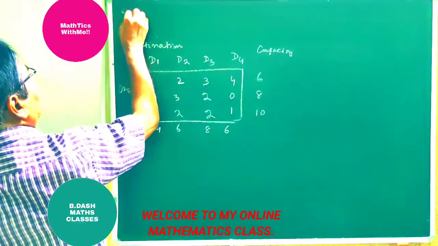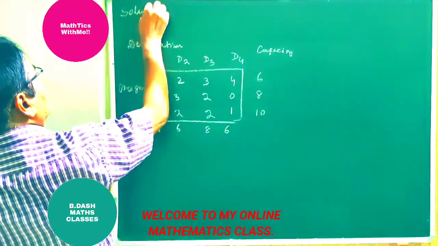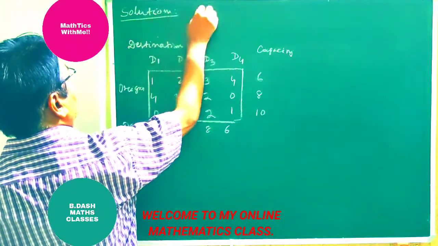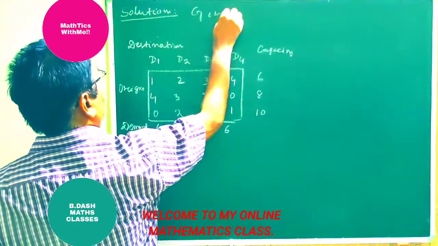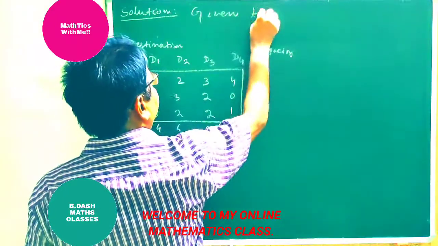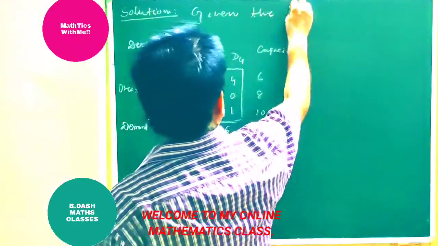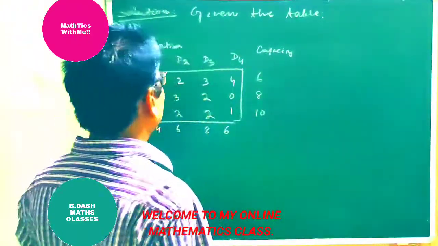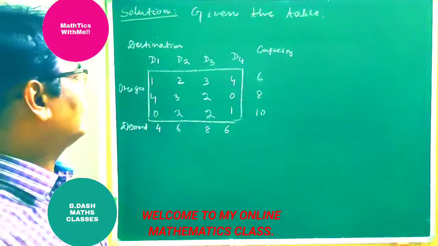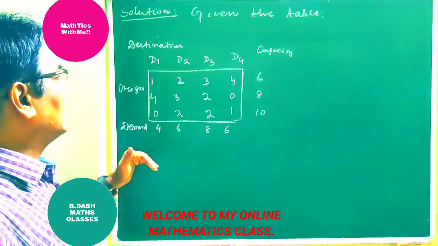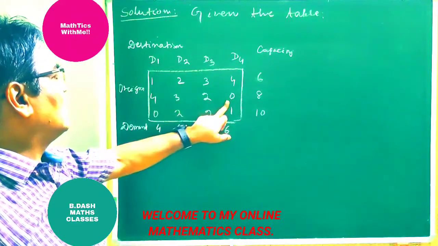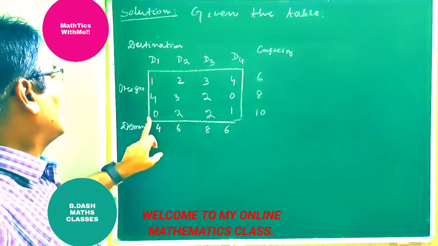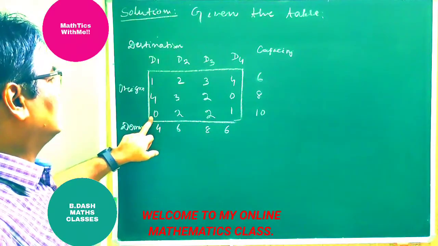Now the solution. Given the table, if we observe, the lowest cost is in cell 24 and cell 31.